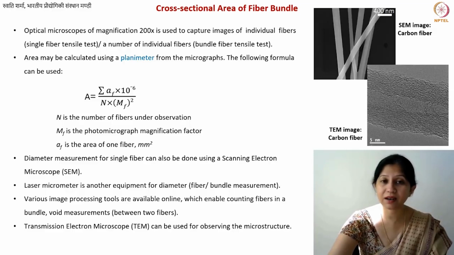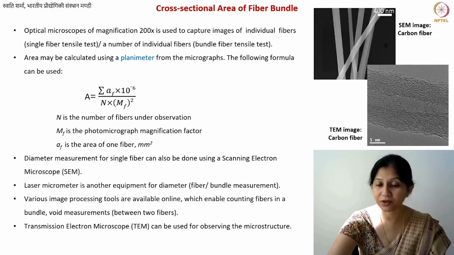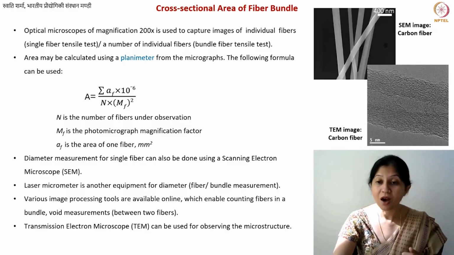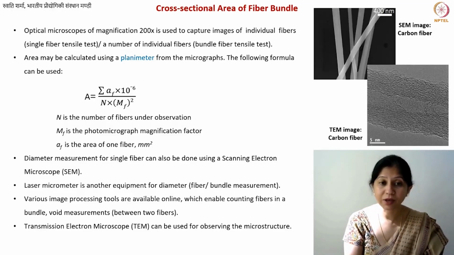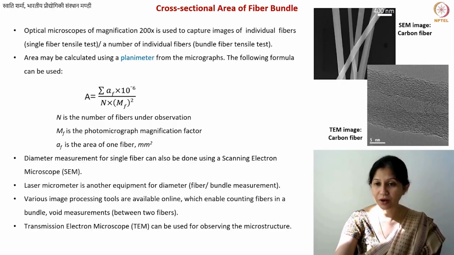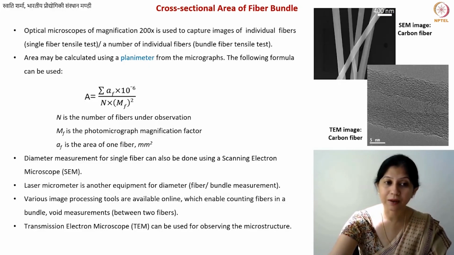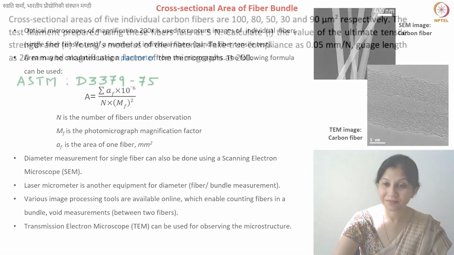So these are some of the methods for calculating various values for carbon fibers. Again, this depends on your very specific equipment and measurement technique, specific type of carbon fibers, whether you want to do it for single or for a bundle of fibers. You can accordingly choose your parameters, and you can accordingly choose your specimen as well.